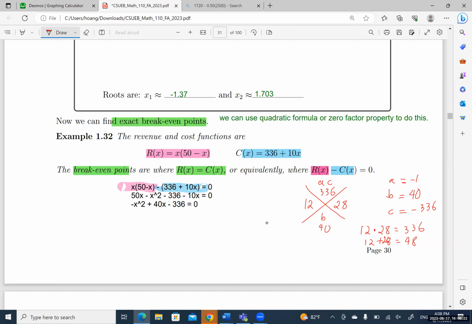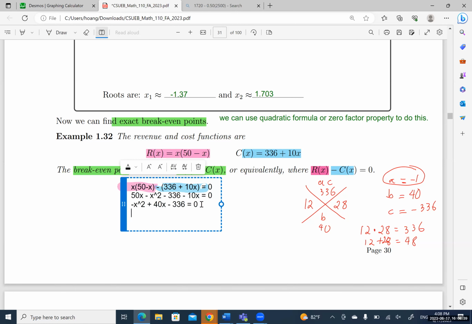However, I want to make some change in here. Seeing I am having A equal to -1, right? I don't really like it, honestly. I want to change it to positive one. I would like to multiply both sides by -1, right? So that's going to be x squared minus 40x plus 336 equal to 0.